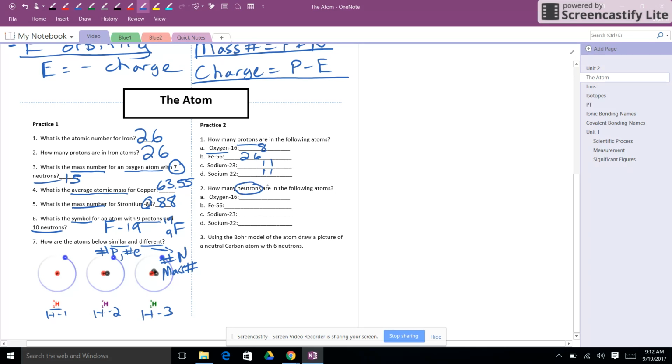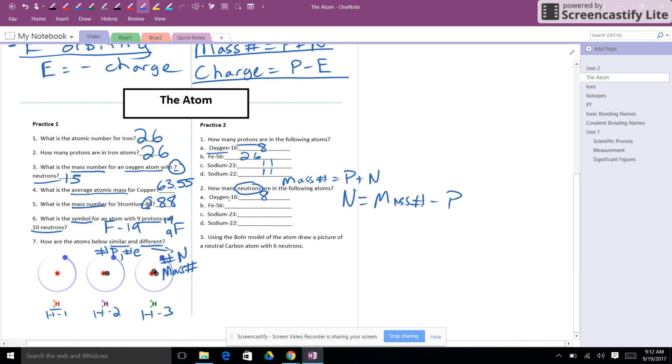Okay, now the second set of problems, how many neutrons are in the following atoms? Now we have to take into account the mass number, and think about that formula that mass equals protons plus neutrons. So neutrons would equal mass number minus protons. So oxygen 16, well, we said above oxygen has 8 protons, so 16 minus 8 would mean it has 8 neutrons.